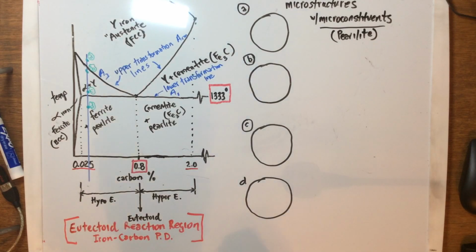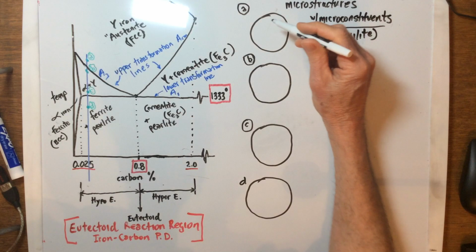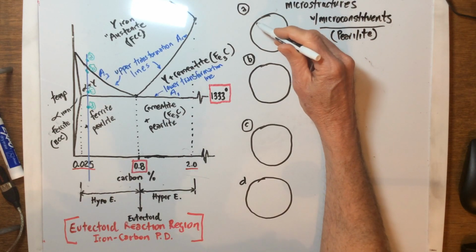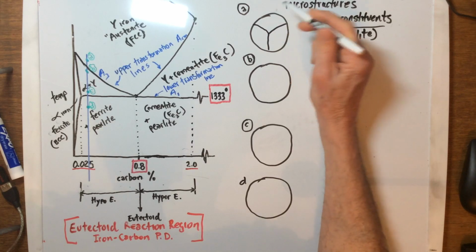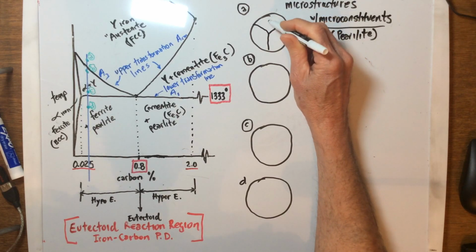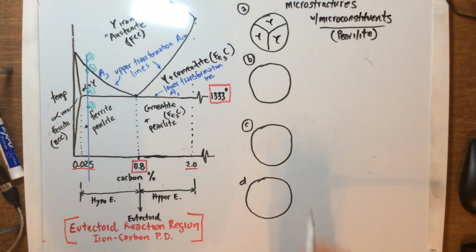All right. So let's look in here at A up here, completely in the austenite region, and so we're basically just going to have, and I'm just putting this up here for ease, all gamma grains. All right, solid gamma grains at that point.